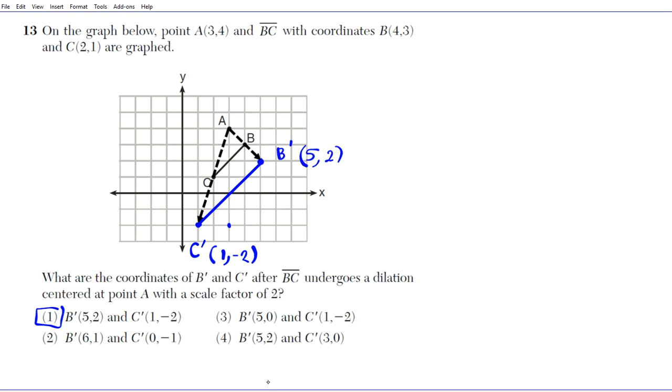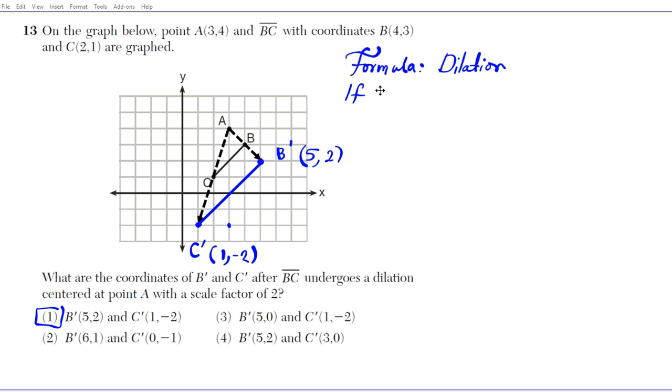Okay, so let's say we don't have a graph or we want to do this using arithmetic. Let me show you the formula that you can use to accomplish the same result. Okay, so formula for dilation. So if we have a point, let's say we have the point (a, b).